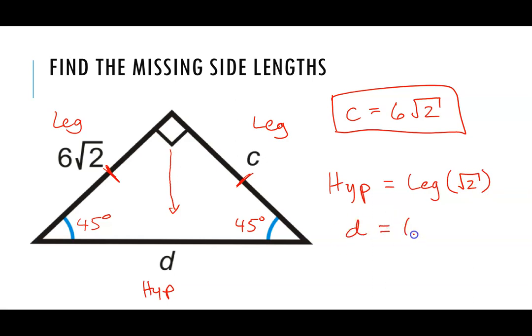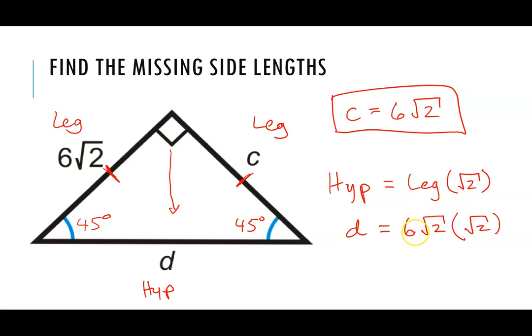The leg for this triangle is 6 square root 2, and we're going to multiply that by square root 2. This might seem a little odd because the square root of 2 was already in the leg, but that's just a way to describe the length of that leg. All we have to do is plug it into the formula.